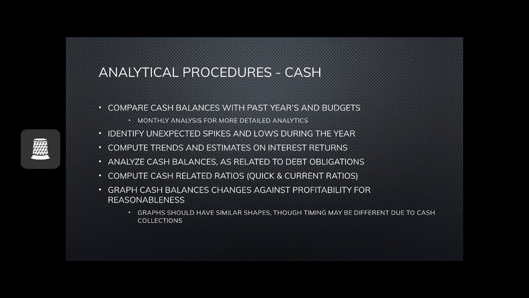Obviously, there could be differences in cash collections because of timing, whether you've got credit sales on accounts receivable and maybe there's been problems paying. And so that may be some differences in it. But in general, you should see cash balance changes go similar in a graphing standpoint to profitability.